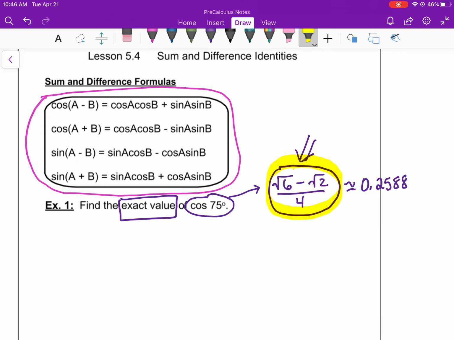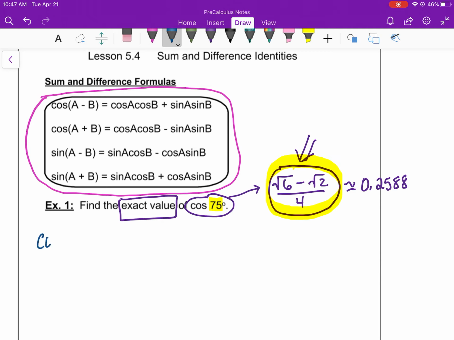Now, another thing to point out is that 75 degrees is not one of our unit circle angles. Remember, those are multiples of 30 or 45 degrees. 75 degrees is not one of those angles. So if I just relied on my unit circle, I'm not going to find 75 degrees on there. But what I can do is I can break up 75 degrees into 2 angles that add or subtract to 75 degrees.